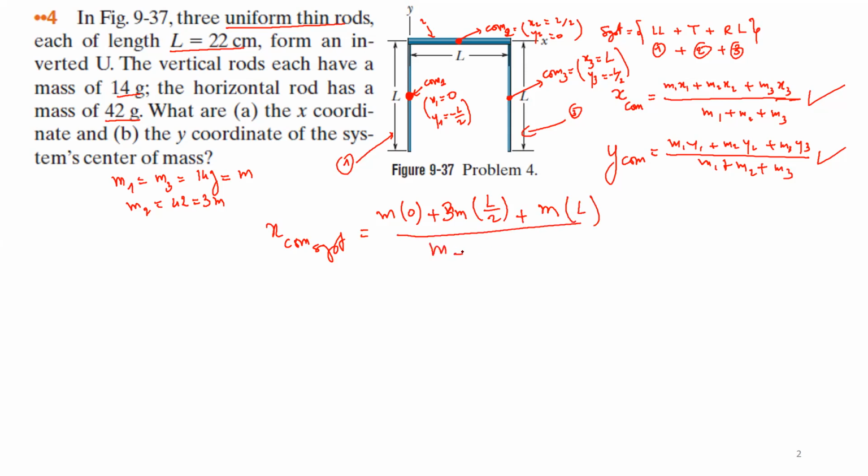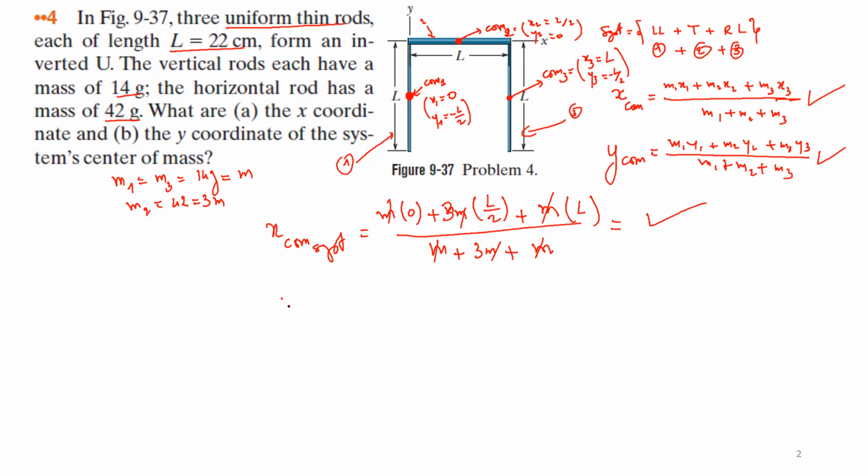Total mass is m1, m, m2 is 3m, plus m3, which is m. And you do the calculation, okay? And of course the m will simplify. If you want, you can put the numbers, 14 and 42, okay? And then you get your answer.